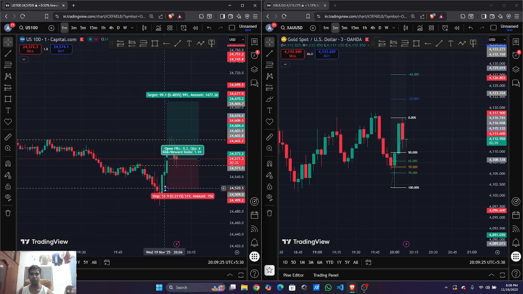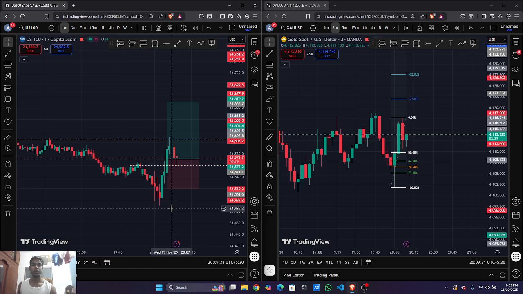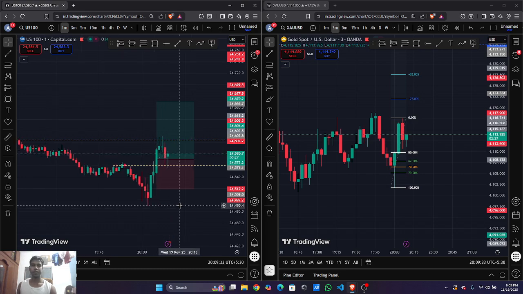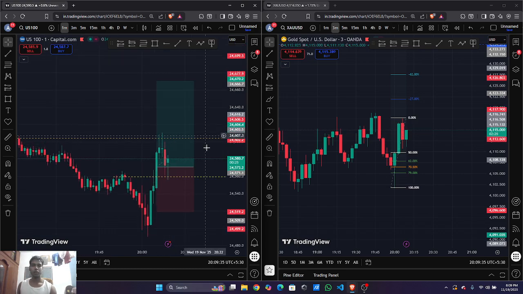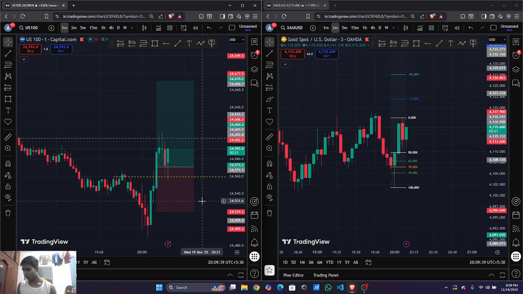My SL is not exactly right because I entered in between, so this will be a very big SL. So I won't change my SL. We are almost there. So I will trail it somewhere around here. I'm trailing because gold, if it moves, then it will give the profit in a single move, and we'll pass the step 1.